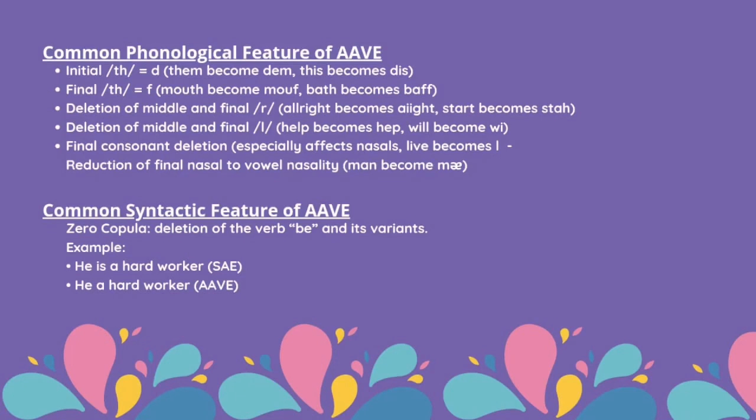Common syntactic feature of AAVE. Zero copula is a deletion of the verb be and its variants. Example, he is a hard worker is the correct form in standard American English, and he a hard worker is the correct form in AAVE.